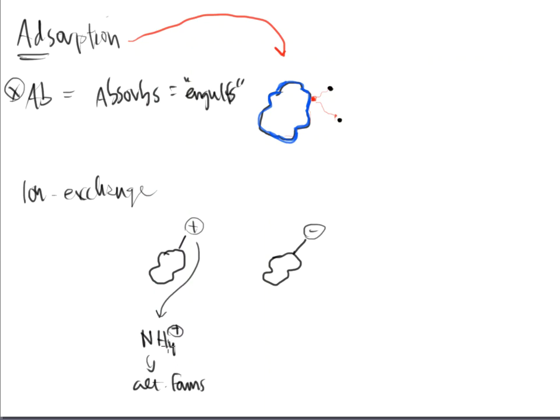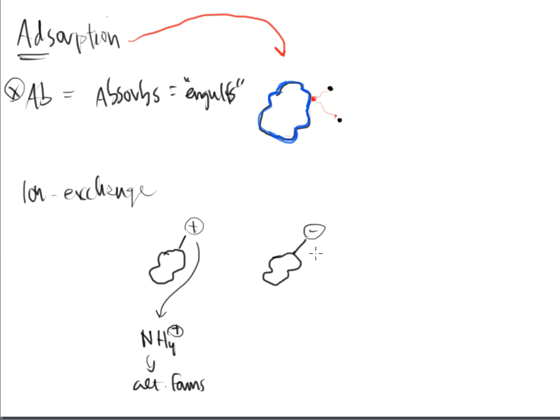So it can be a nitrogen with 4 hydrogens, a nitrogen with 1 hydrogen and 3 alkyl groups, a nitrogen with 2 hydrogens and 2 alkyl groups, a nitrogen with 3 hydrogens and 1 alkyl group. Basically, there's all kinds of different choices that are out there, but the NH4 is going to be the most simplistic by nature, and plus, it's the easiest to write. So why not choose that one? So that's NH4 or ammonium.